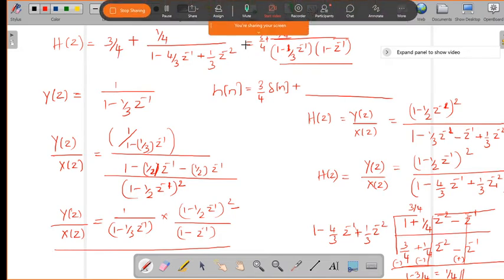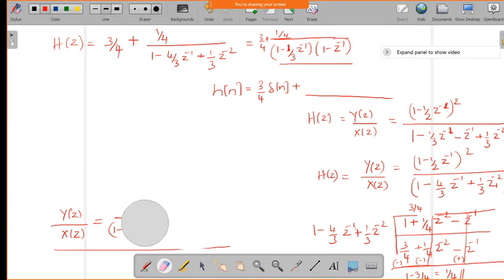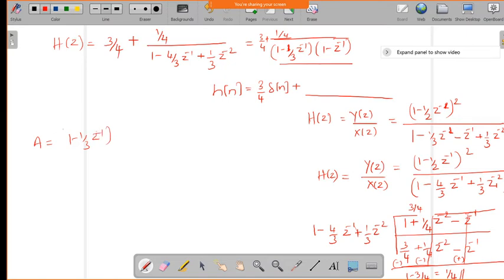So we will get a value as 1 minus 1 by 3 z inverse into x of z at z equal to 1 by 3, and the b value, which is 1 minus z inverse into x of z at z equal to 1.